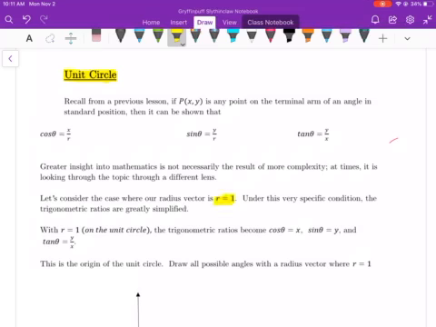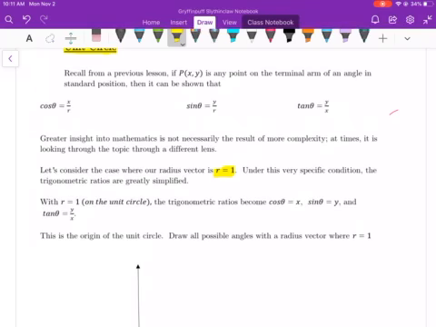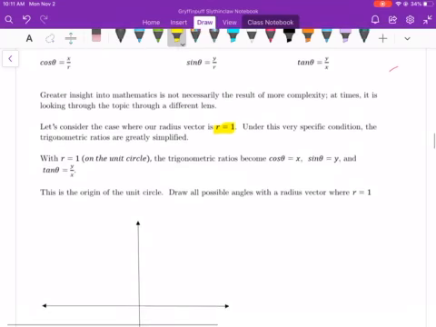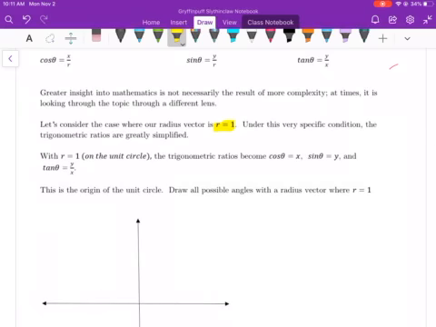Under this very specific condition, the trigonometric ratios are greatly simplified. With r being 1 on the unit circle, the trigonometric ratios become: cosine theta is equal to x, sine theta is equal to y, and tangent theta is equal to y divided by x.